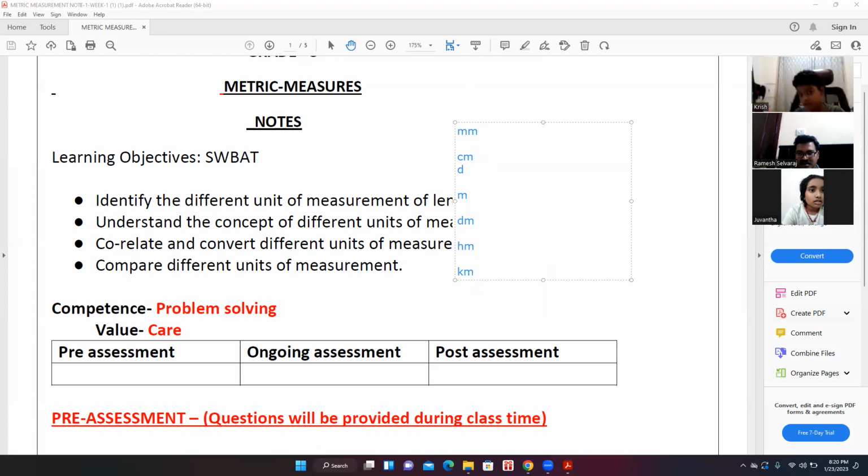Also decameter. Yeah, decimeter also there, decameter also there. Do you remember this?